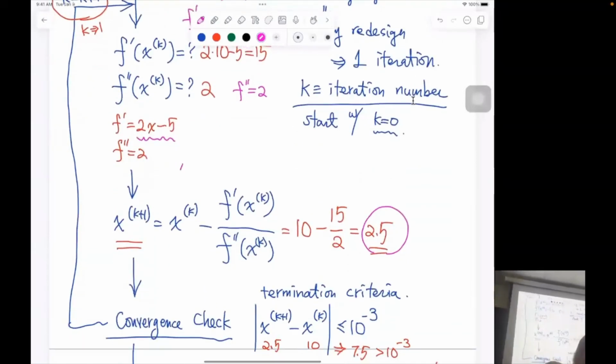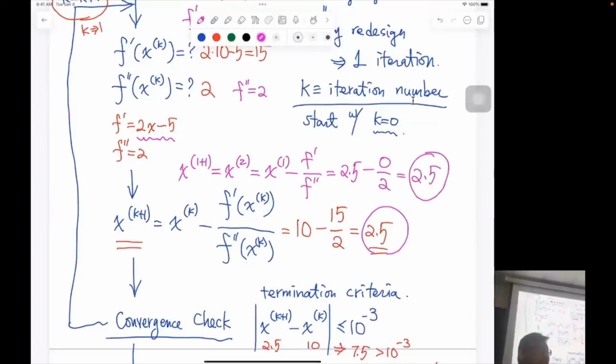So using those, my new design, x of k now is 1 plus 1. So I have x of 2 equals the previous one minus f prime over f double prime. And this is actually 2.5, the previous one, minus 0 over 2. And at the end, it's again the same answer, 2.5.